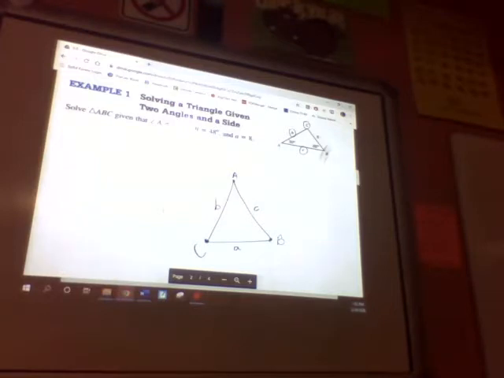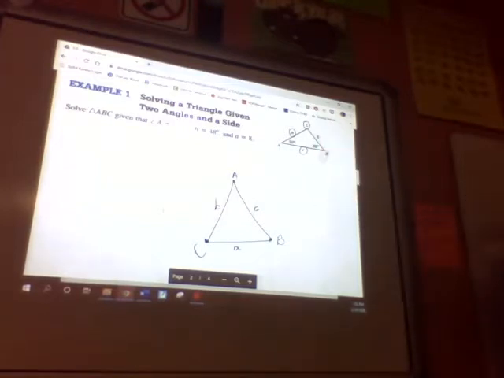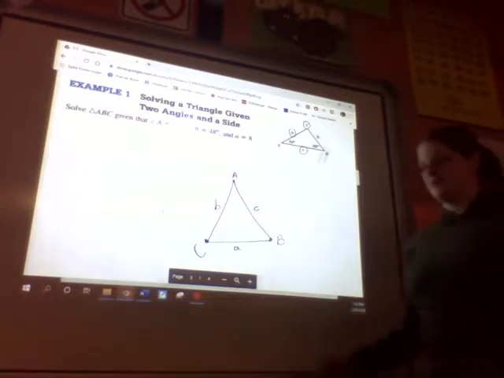You'll notice that as much as we are using trig, this is not a right triangle. That's okay. The law of sines, which we're doing today, and the law of cosines, which we'll be doing tomorrow, are applicable to non-right triangles. We've gone out of the right triangle hole, and we are now in every triangle.